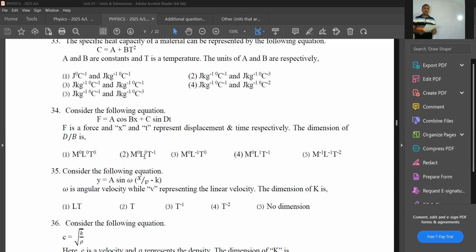D or B. So what is the dimension of D? Tell me quickly, how to find dimension of D?